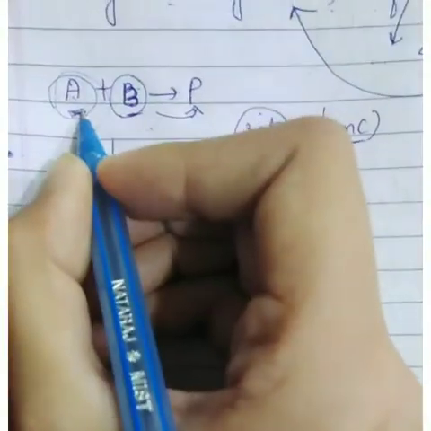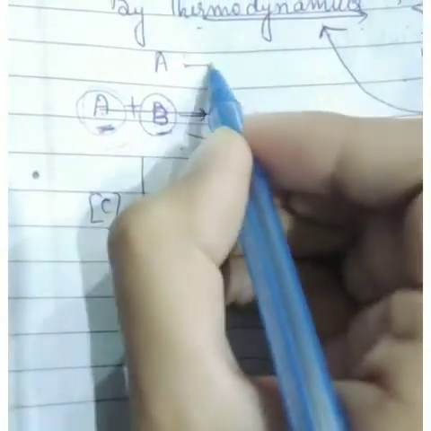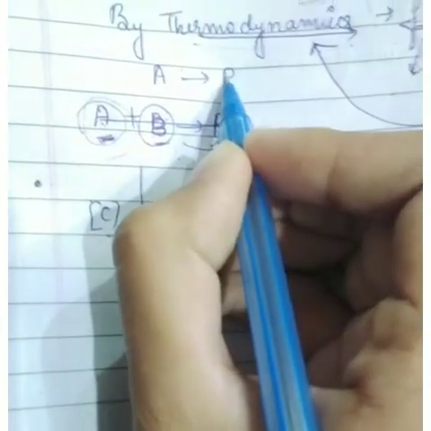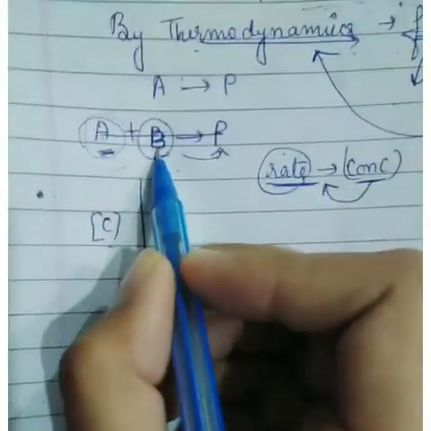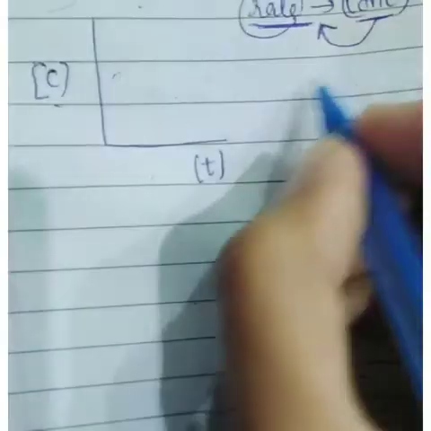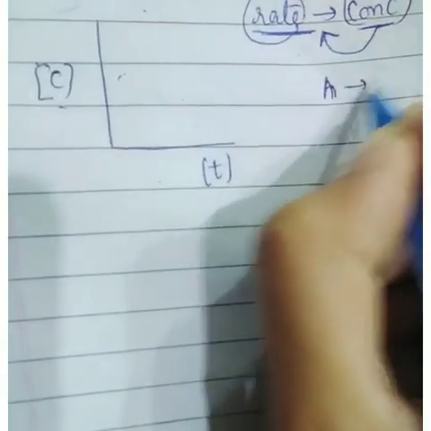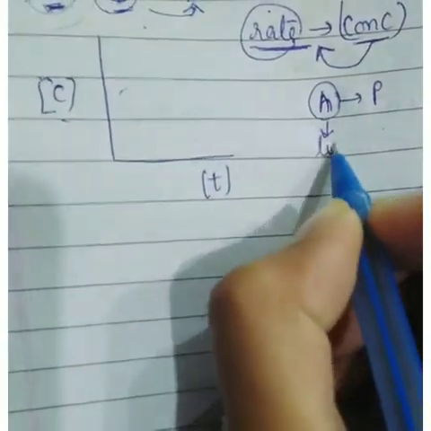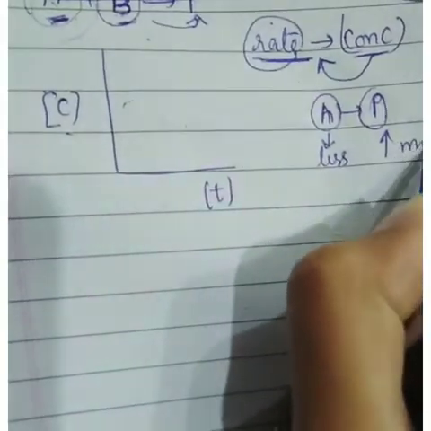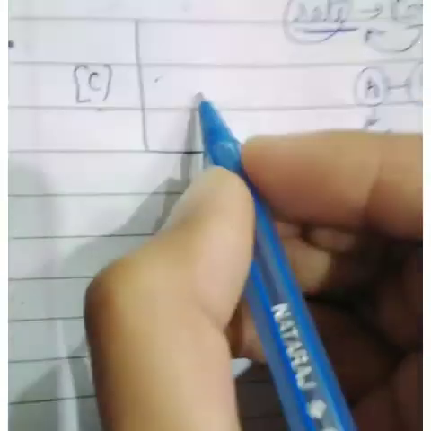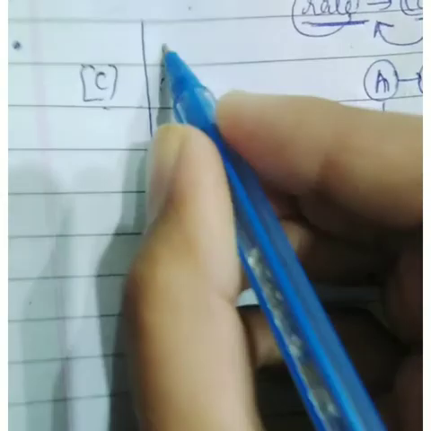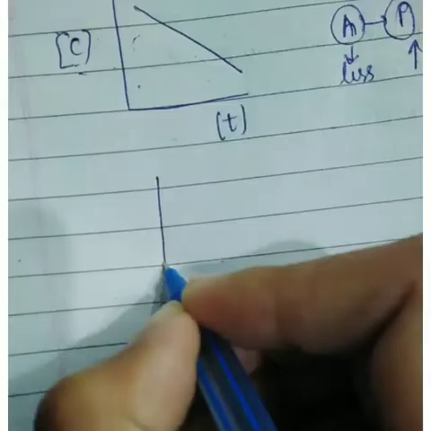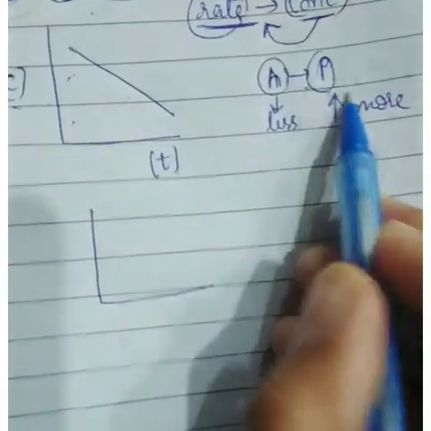Suppose A is a reactant that is simply converting into the product P. Only a single reactant species is taken, not two. For the reactant, the concentration is getting less, and for the product, the concentration is getting more.